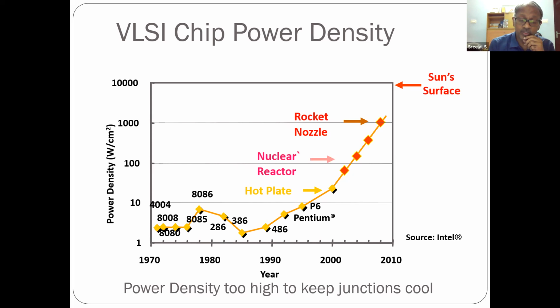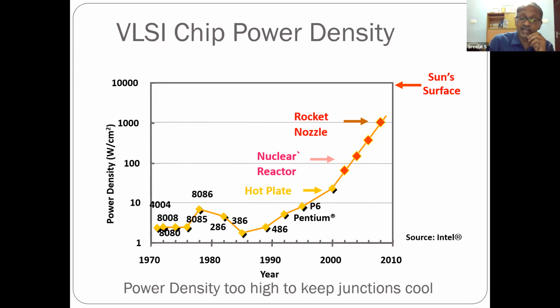Around the year 2000, it equaled that of a hot plate. Around the year 2005, it is quite similar to that of a nuclear reactor, and nearing 2010, it became quite close to that of a rocket nozzle. And soon we will go to power densities very similar to that on the sun's surface, unless we do something about this.